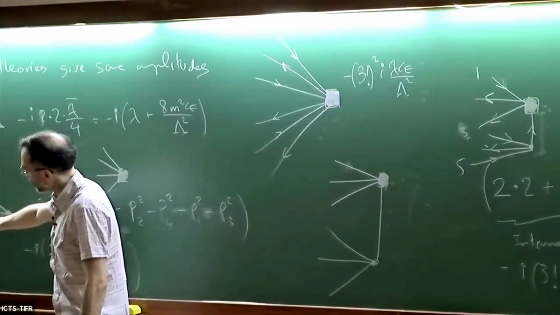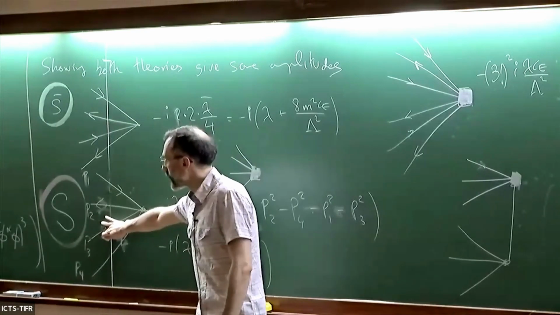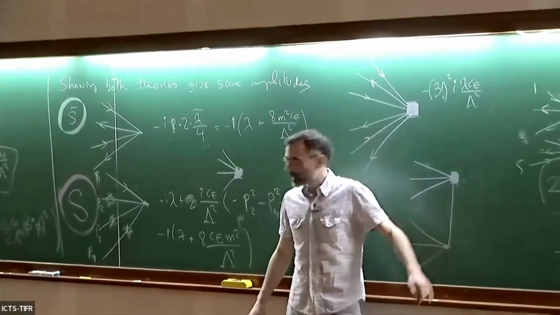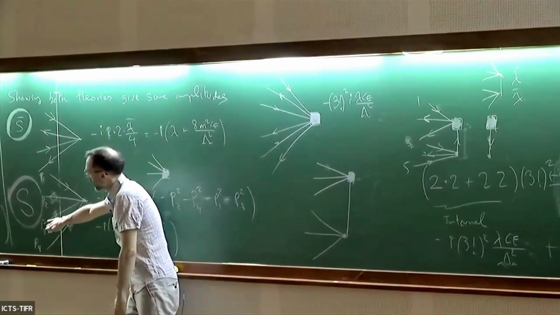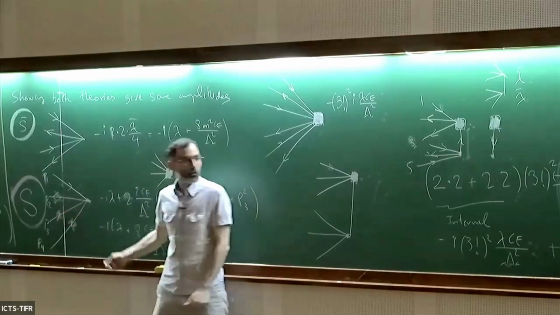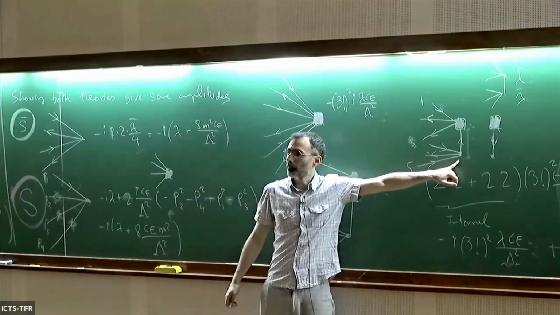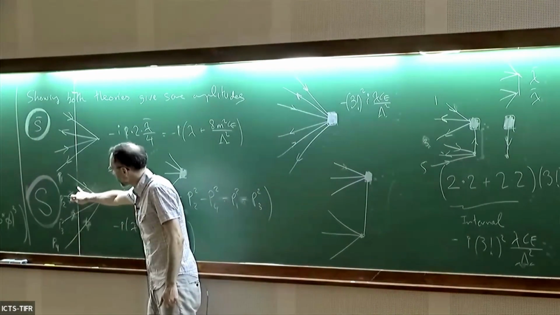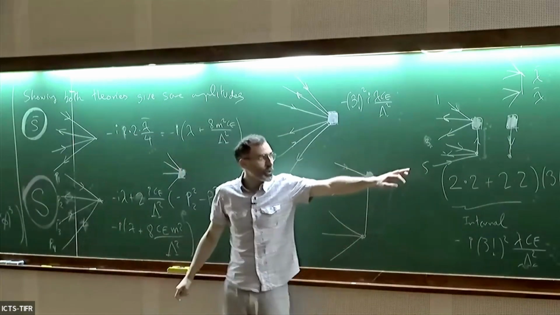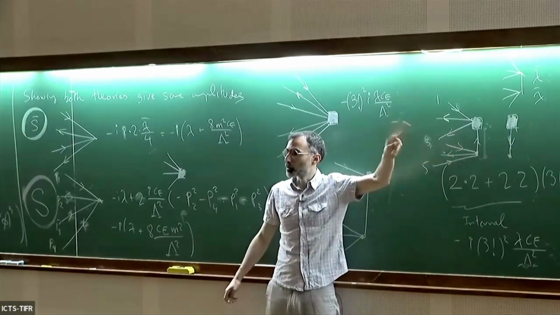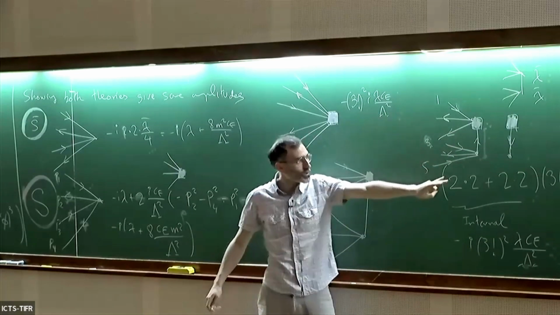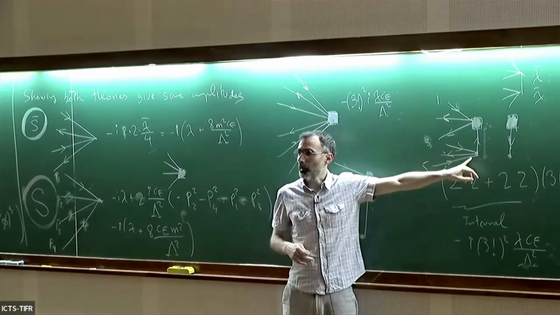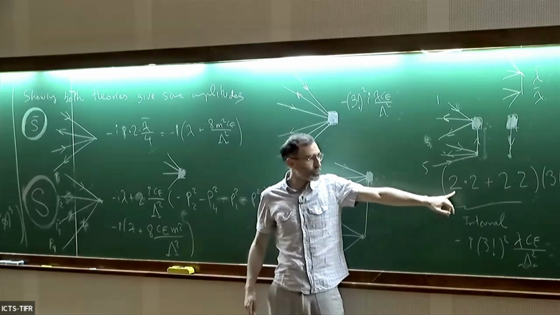Well, I can take this leg and make it the one that connects to the lower vertex. I can take this arrow coming in and make that one the leg that connects to the lambda vertex. But I could just as well take this other leg that is also coming in, and take it to be the one that is connecting the two of them. There's two choices in there, but there's also two choices down here as to what other arrows you connect them to. So that's why I have here a 2 times 2.